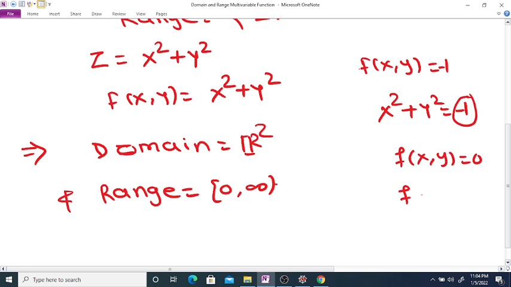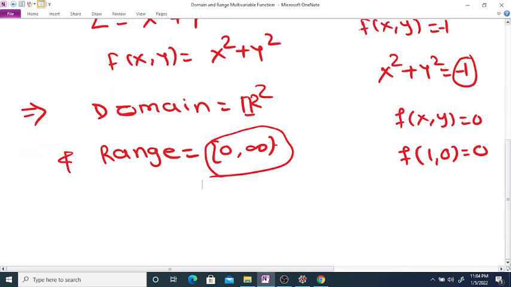For example, f of (1, 0) is mapped to 0, and therefore 0 is present in the range. So the domain of the given function is R square, and the range is 0 to infinity.